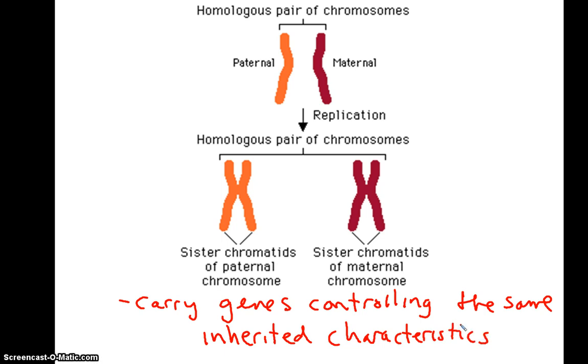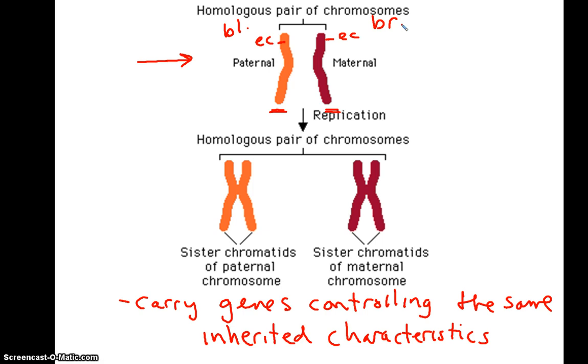So those are going to be homologous chromosomes. So if we look in a normal cell, you'd have 23 pairs, and each pair would be paternal, the orange in this case, and maternal, the red. So you would have 2 genes that would code for the same traits. So maybe eye color might be on here. And maybe you have a gene for blue eyes from dad, and maybe you have a gene for brown eyes from mom. They're homologous chromosomes because they carry the same inherited characteristics.